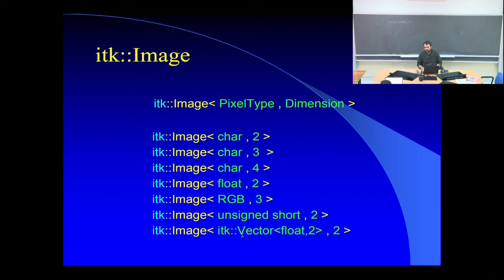At the beginning this can be a bit confusing, but it's quite powerful. Okay? Because with the same object, ITK image, you can have instances of different types. Okay? And each of those will be created with this magic keyword typedef. Typedef image char2. That will be the name of my 2D image. Okay.